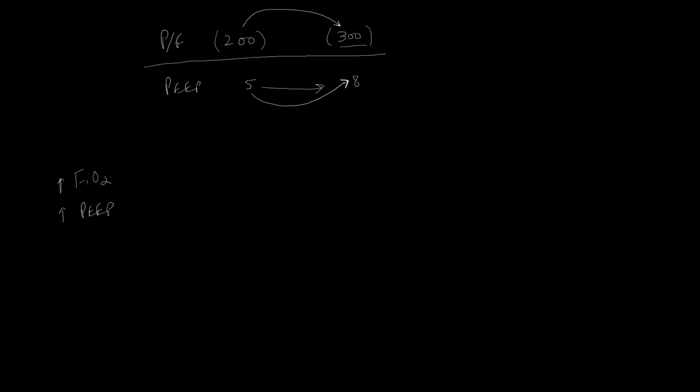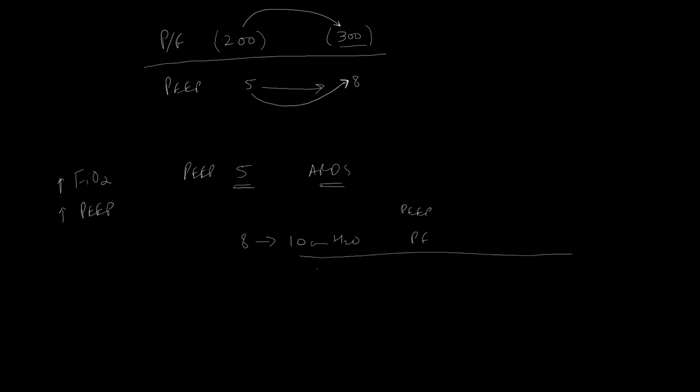So I would suggest that when you do your PF ratios initially, always try to get them at a PEEP of 5 to diagnose ARDS according to the Berlin definition. But if the PEEP does increase, maybe to 8 or 10 centimeters of water, for as long as the patient stays on that PEEP, you can compare the PF ratios.